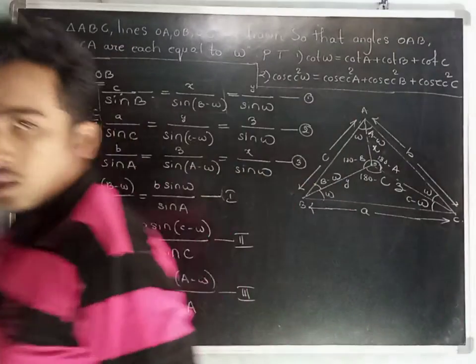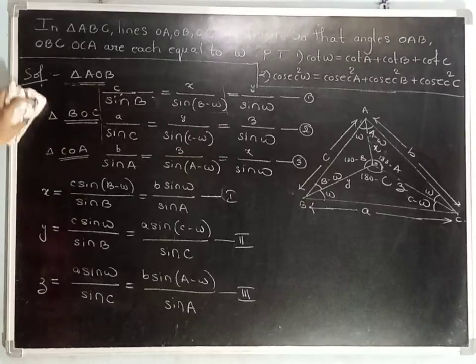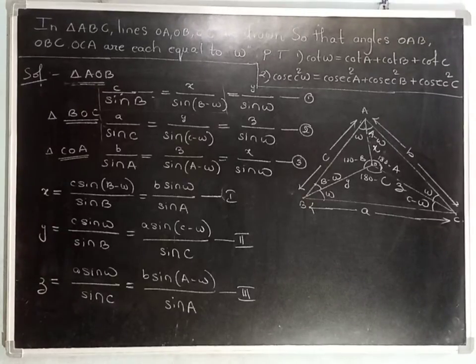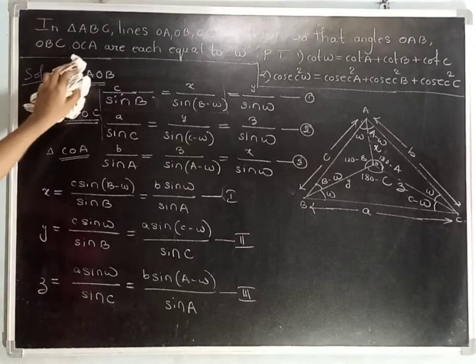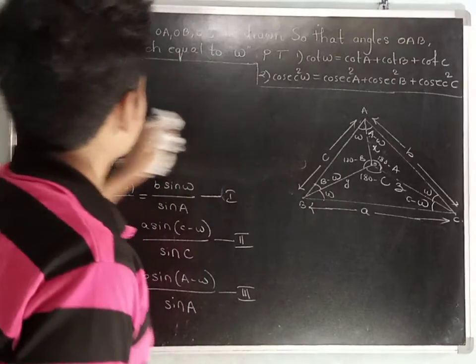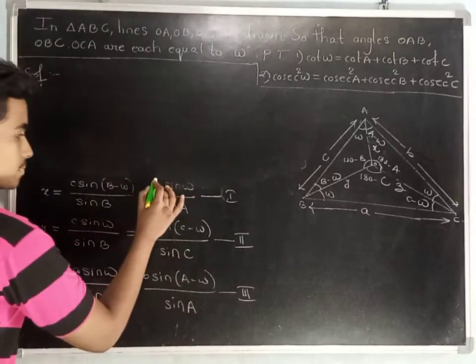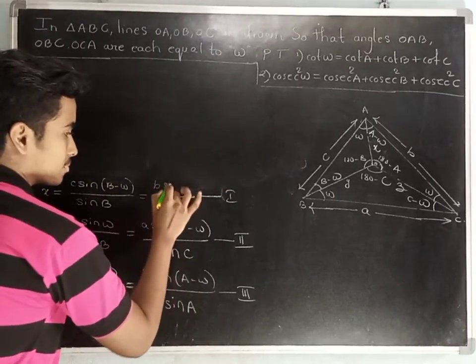Let me erase this upper part. The solution will be a little bit lengthy. B sin omega.